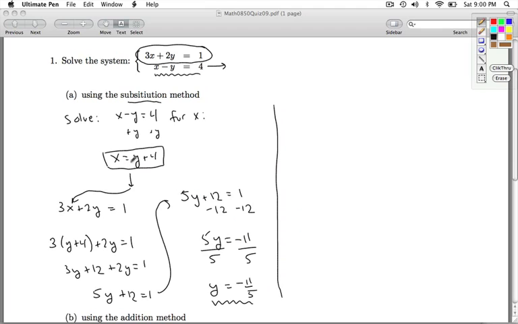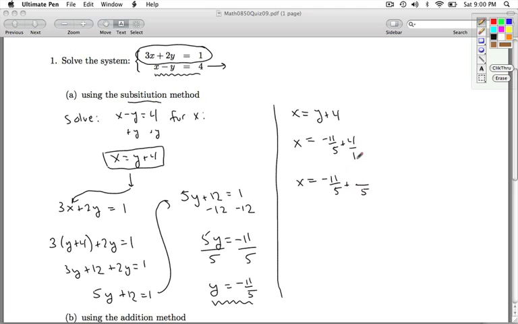That's why I have my substitution equation, x equals y plus 4. I'll substitute negative 11 fifths in for the y. I'm going to need a common denominator. Well, 4 is written as 4 over 1.